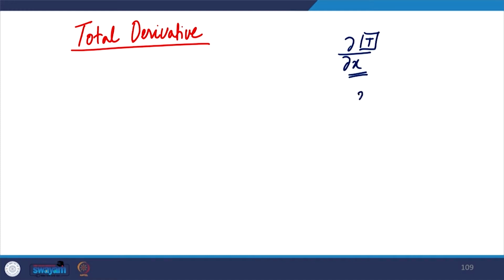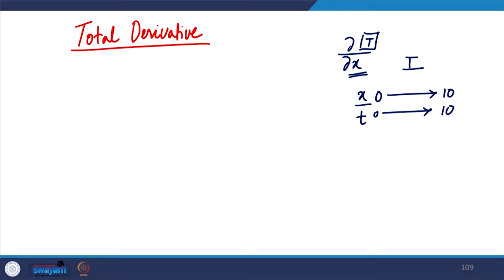Let us say x is something you can measure, and x can change from 0 to 10, or you can also have t which can change from 0 to 10. What will happen to the temperature while x changes from 0 to 10? That is the basic idea of a derivative.